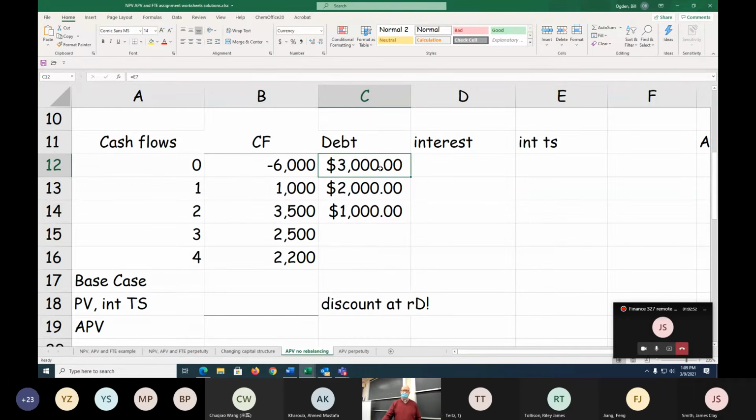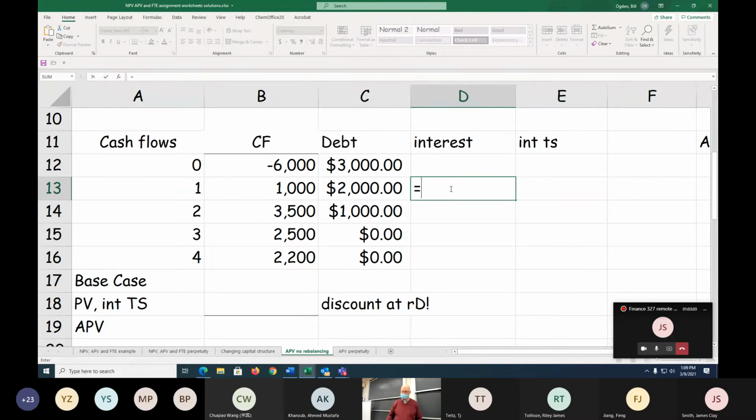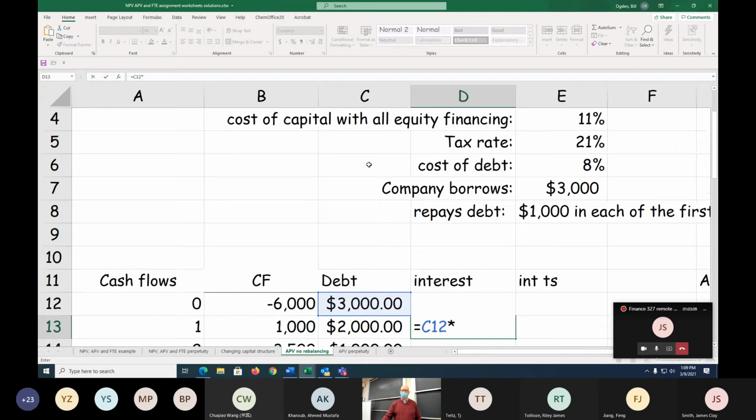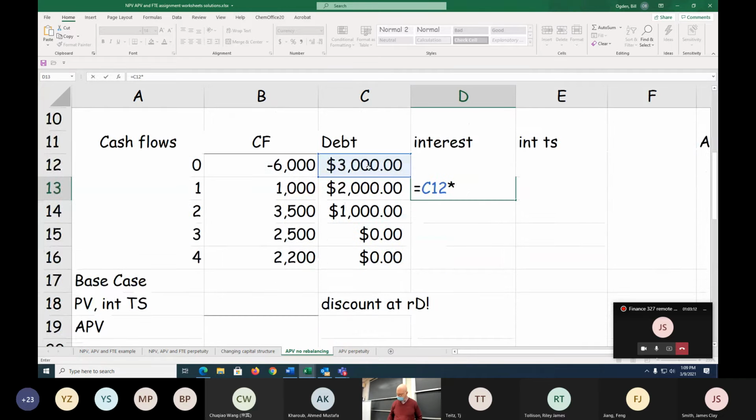Okay, so we're going to pay it back 1,000 each year, and so this goes to 0, and this one also would be 0, wouldn't it? No debt left to be repaid. All right, so let's do our interest. We'll take our debt times our cost of debt, 8%.